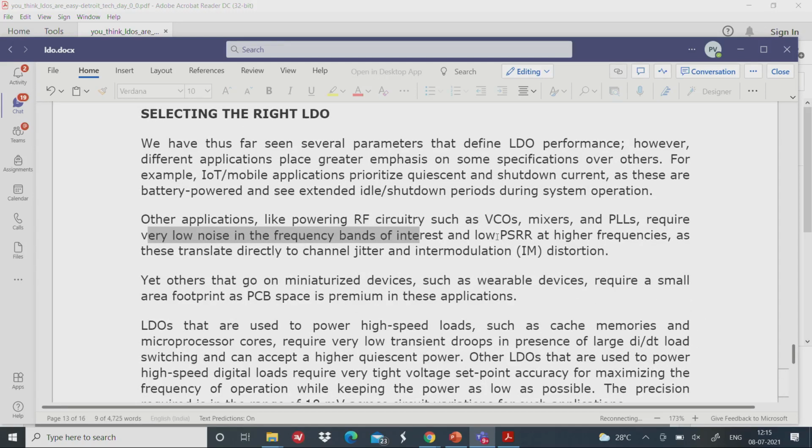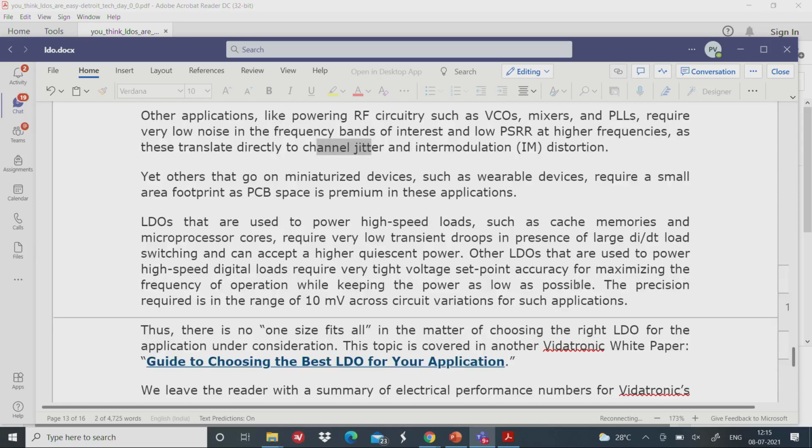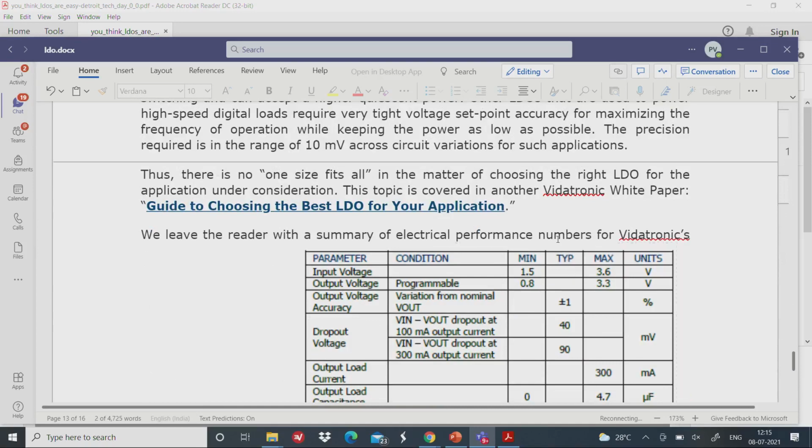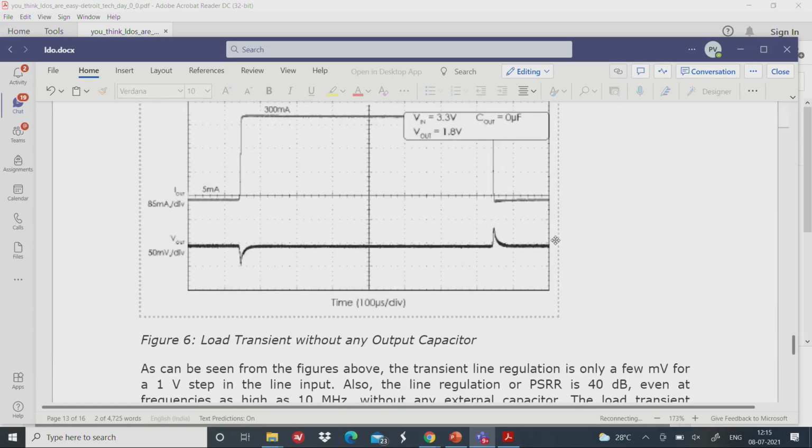And also you must ensure that low PSRR in higher frequency ranges can become an issue because it directly translates to channel jitter and intermodulation distortion. So power supply is indeed a troublesome block even in an IoT node.